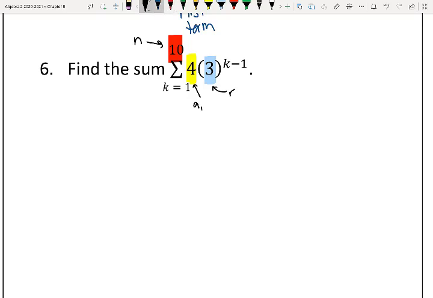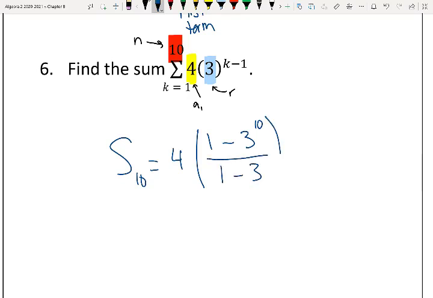So going over here to my equation, my formula, the sum of the first 10 numbers in this series is equal to my a sub 1, which is 4, times 1 minus my r value of 3 to the n power, my upper limit, my 10, all over 1 minus my r value, which again is just 3.